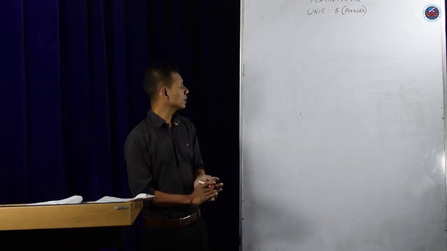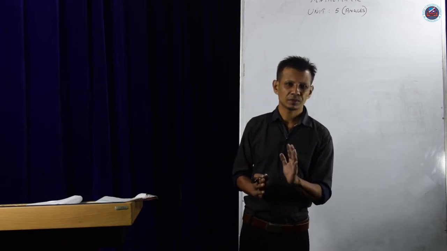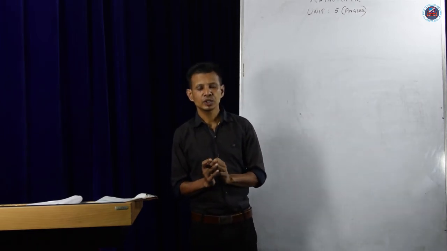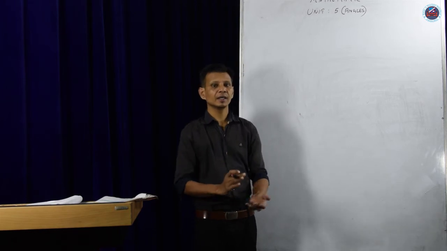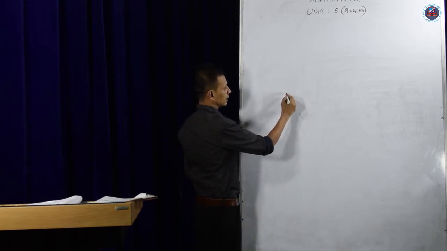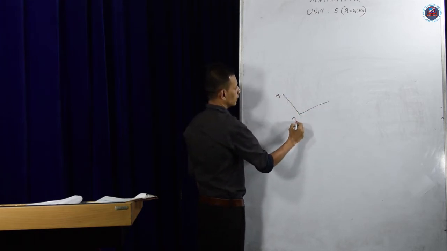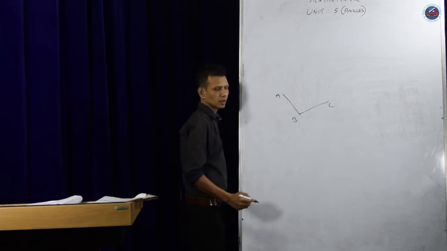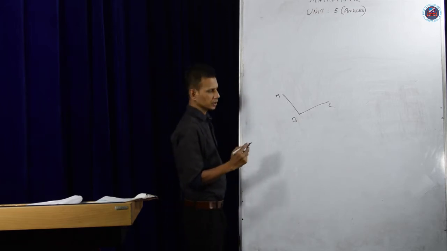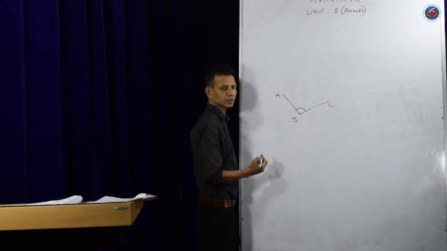Okay. Before we start 5.3, I would like to give you some basic idea which you need to know. For example, any angle like A, B, C. If it is not 90 degrees, they will just indicate it by this curved line.